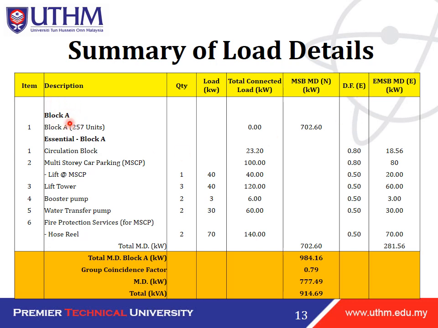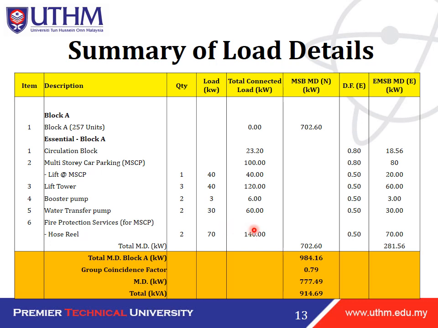This is the example of summary of load details. So we have block A with 257 units, and then we have the essential block A, which consists of circulation block, multi-story car parking, lift tower, boost pump, water transfer pump, fire protection service with their respective quantity and load.